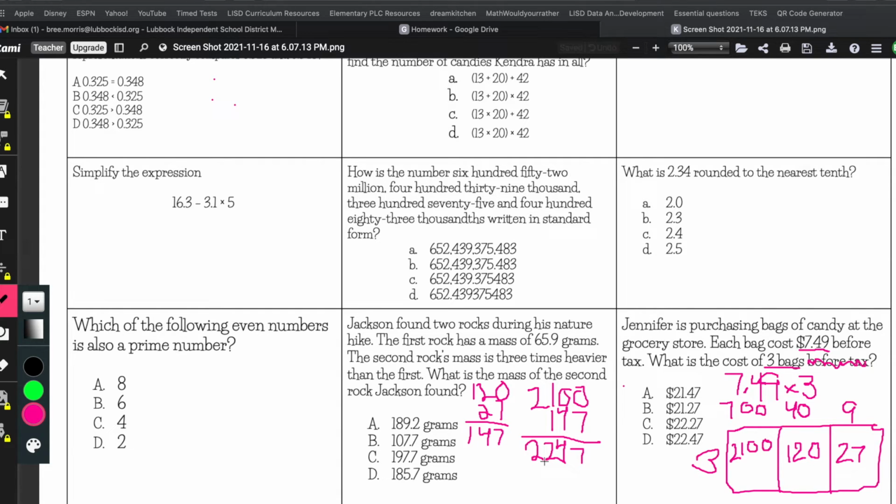We are not done. We got to place our decimal. We have 2 digits behind the decimal. 1, 2. For an answer of $22.47.